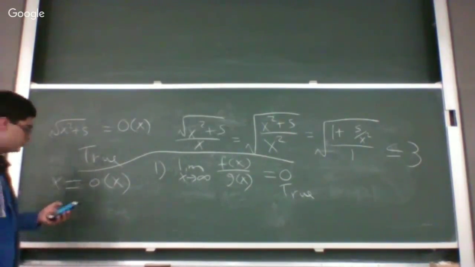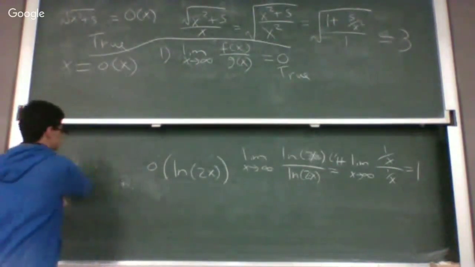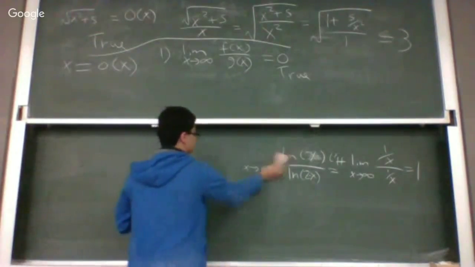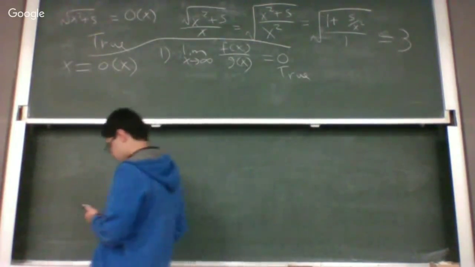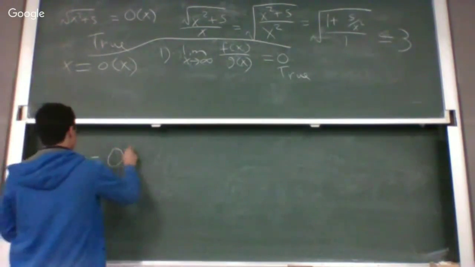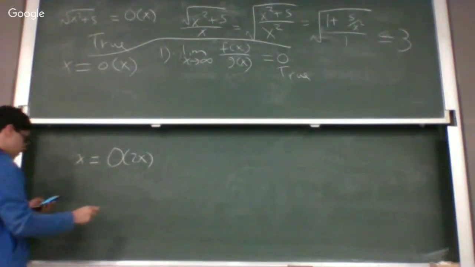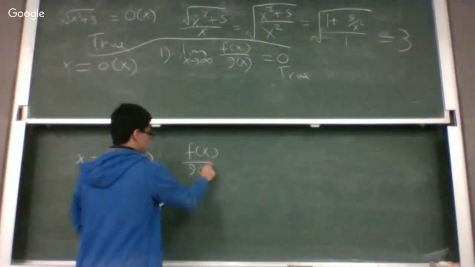If it's with a big O, you do f of x over g of x.